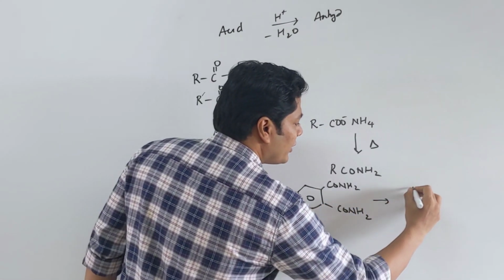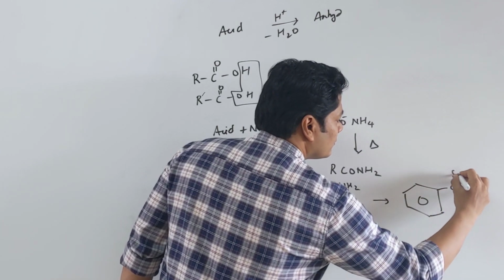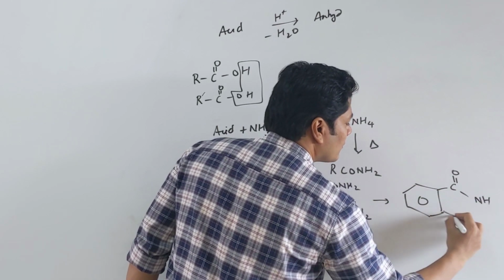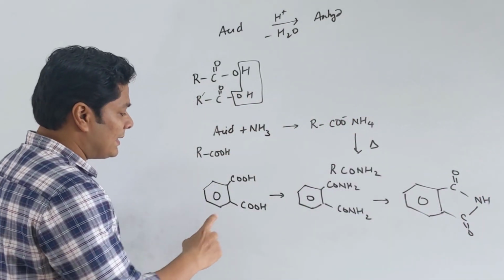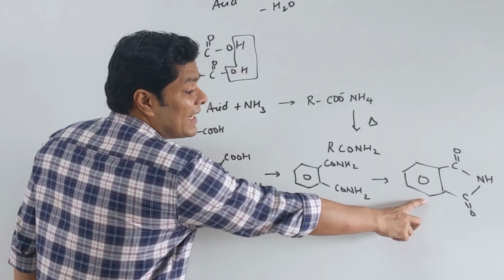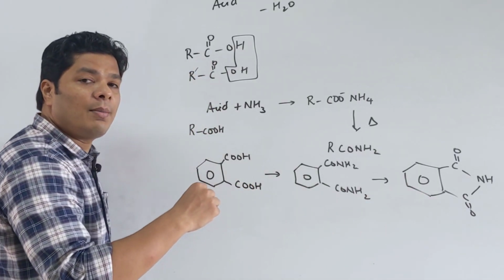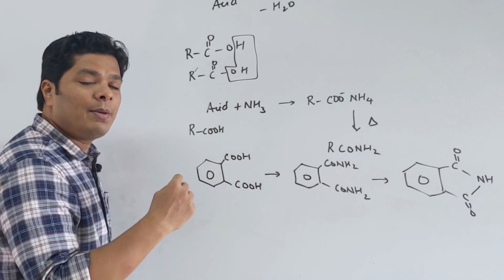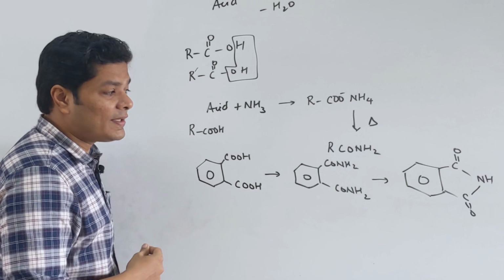This can be converted into phthalimide. The phthalimide is important because it is going to come later in the amines chapter. Gabriel phthalimide synthesis for synthesis of an amine, and it's an important synthesis.